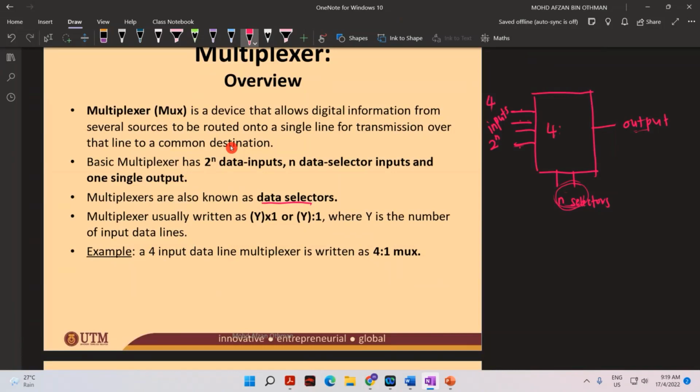If there are 4 inputs, then there are 2 selectors. For example, if you have 2 inputs, you will have 1 selector and 1 output. The output is always 1, because the number of inputs is 2 power of n, 2 power of the number of selectors.